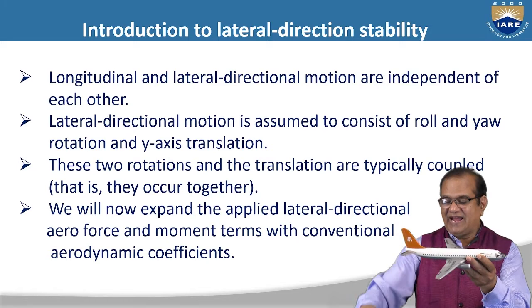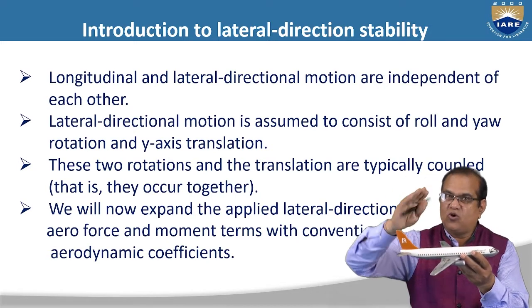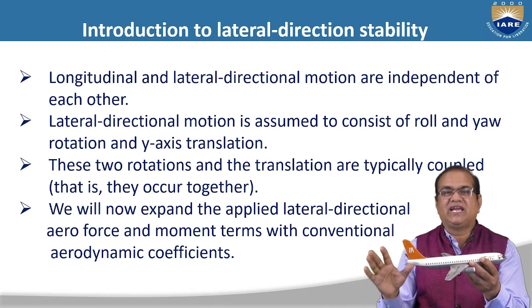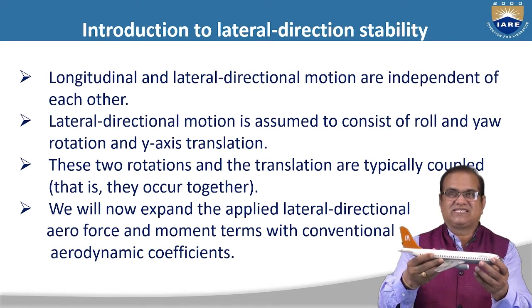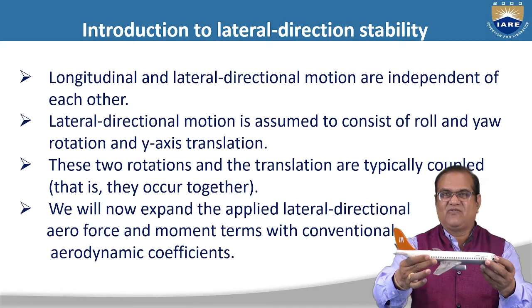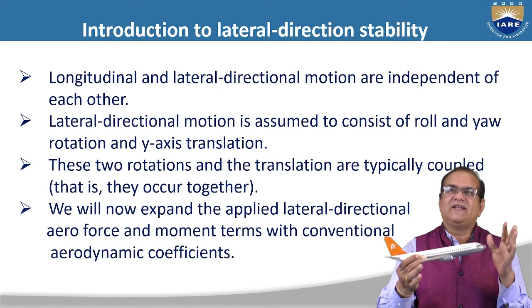So there will be a drag. Drag will be pulling this thing like this. So as you roll the aircraft, yaw will be there. That is why rolling and yawing both are coupled. And y-axis translation means rolling, yawing and sidewise. These three motions are called the lateral and directional motion.